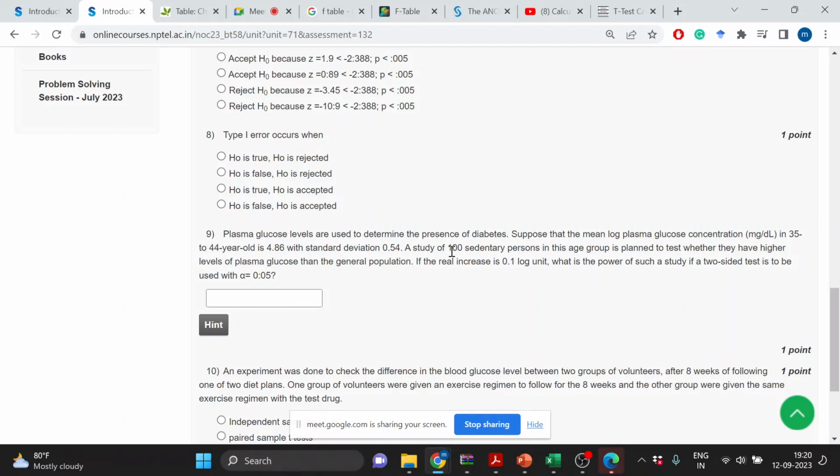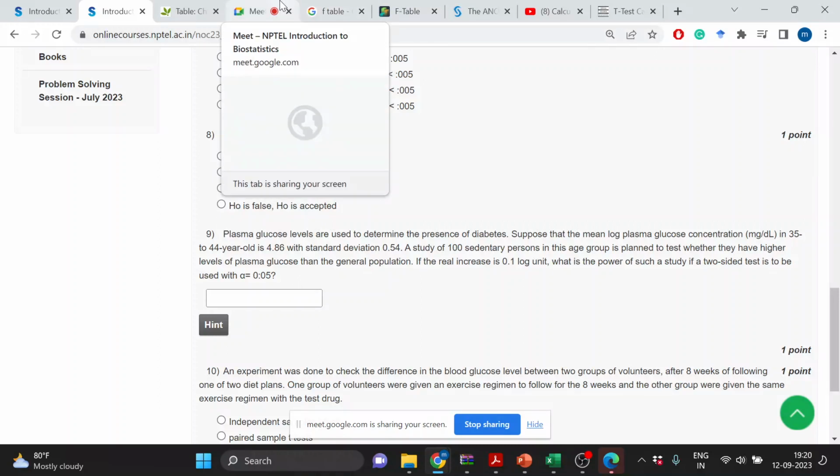For 100 samples, you'll know what your Z critical is. You calculate the probability of Z greater than Z critical, and then that's your power.